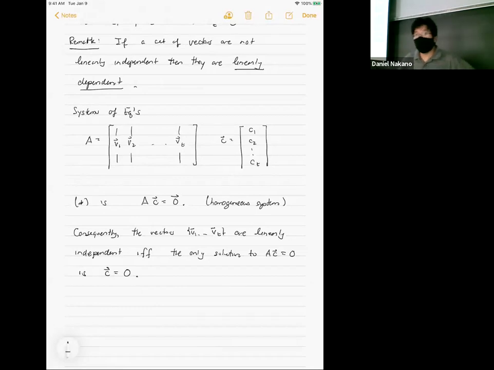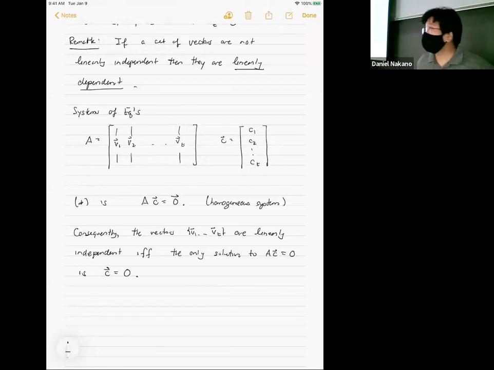As long as you put the vectors down the columns of the matrix, you look at the homogeneous system of equations. If it has free variables, then all bets are off. But if there are no free variables and you have only the zero solution, then the vectors are linearly independent.